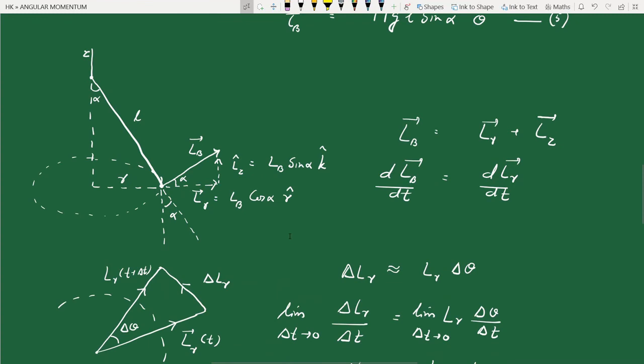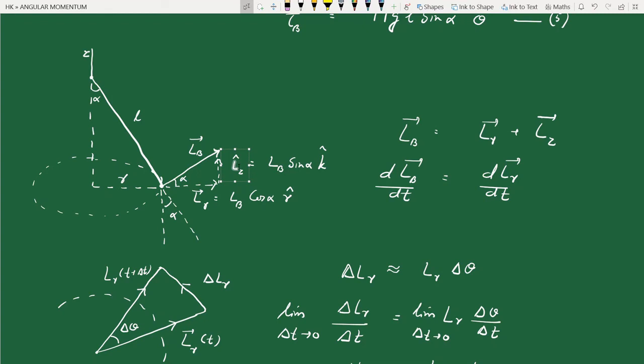We have seen that in LB there are two components, a radial component and a vertical Z component. The vertical component does not change, because there is no net force along the vertical direction. There is also no torque along the vertical direction, so there is no change. In order for a change in angular momentum, there should be some torque.